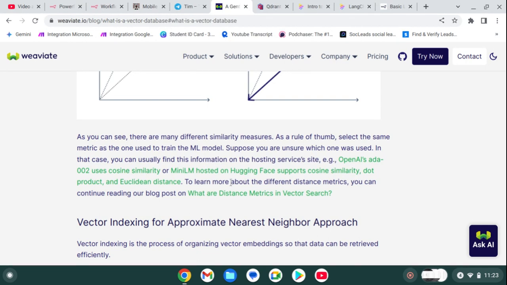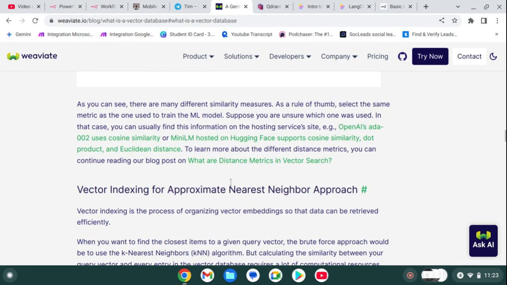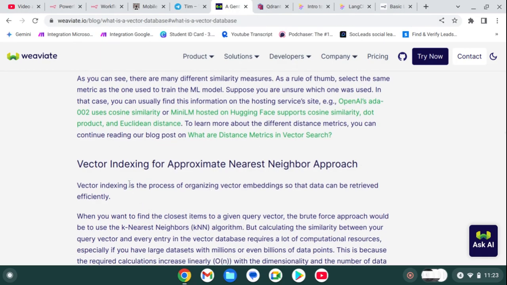To learn more about different distance metrics, you can continue reading our blog post on distance metrics in vector search.